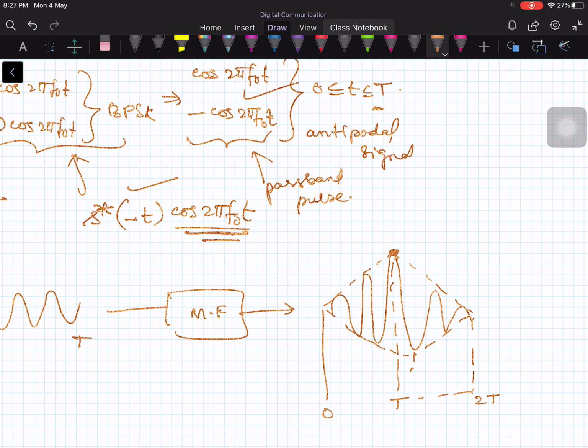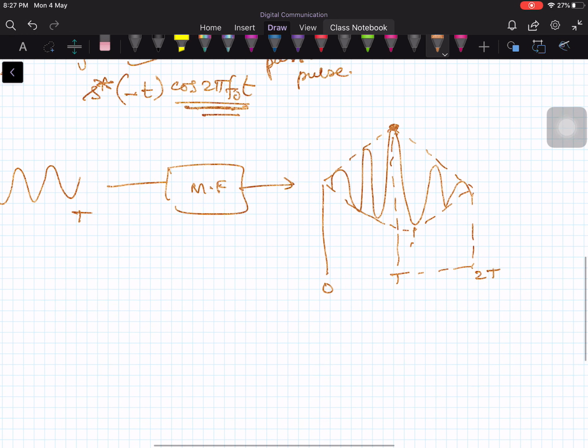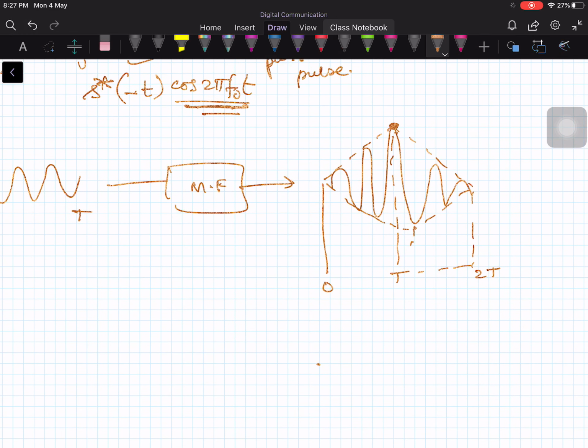Now if the polarity is changed, that is, if the phase is changed by 180 degrees, what will happen? The whole thing will become upside down. So the whole waveform looks like this.